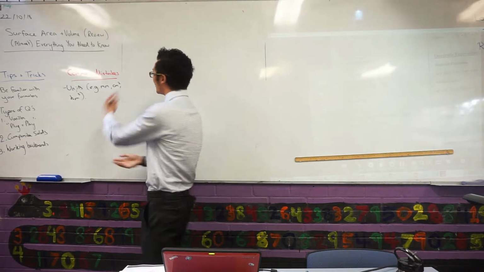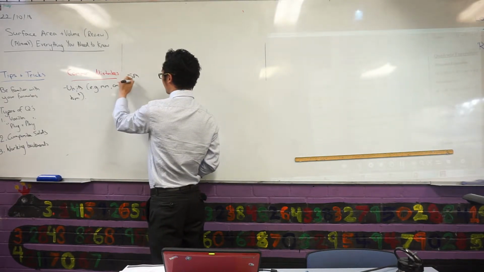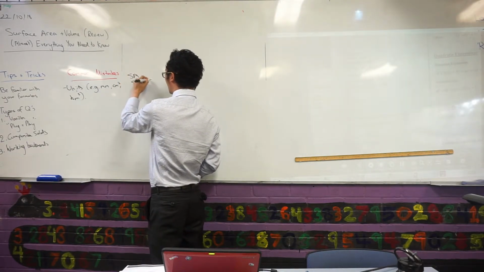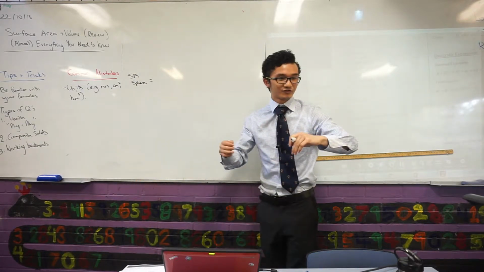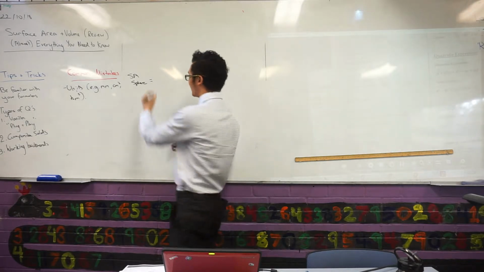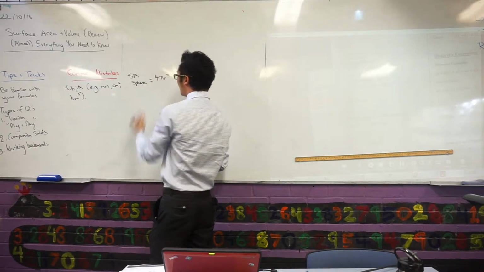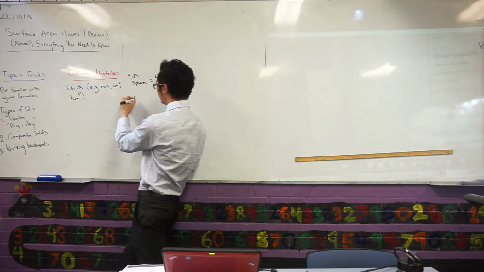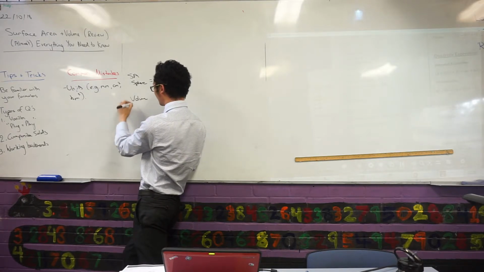Because, for example, the surface area of a sphere, if you go to that one, Emily, what's the surface area of a sphere formula? 4 pi r squared, okay? And if you look at the volume, Abby, the volume of a sphere, can you look in your formula sheet and tell me what that is?